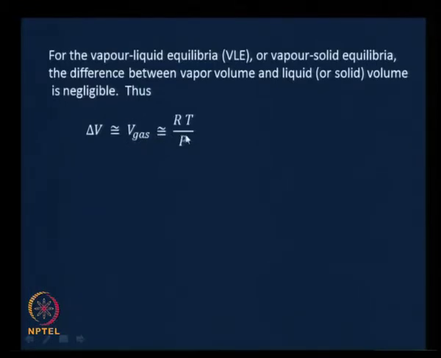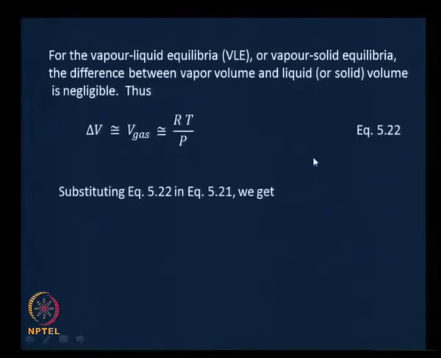Therefore, for the volume of gas, we are going to use the ideal gas law and express it as RT by P. We will call this equation 522, and if we substitute this 522 into the Clausius-Clapeyron equation 521, we get d ln P/dT approximately equals L by RT squared. Let us call this equation 523. If you are not able to see this, let us just go back a little bit.